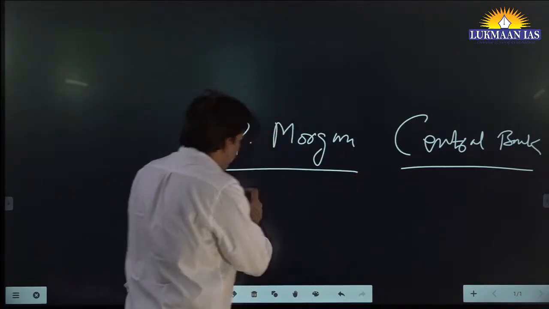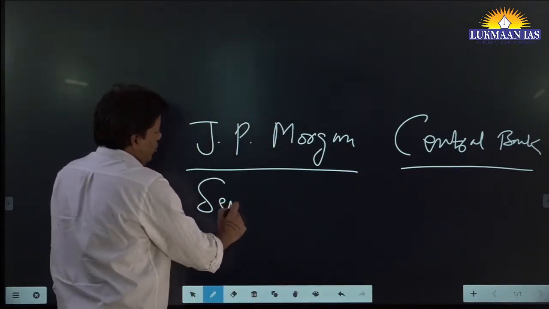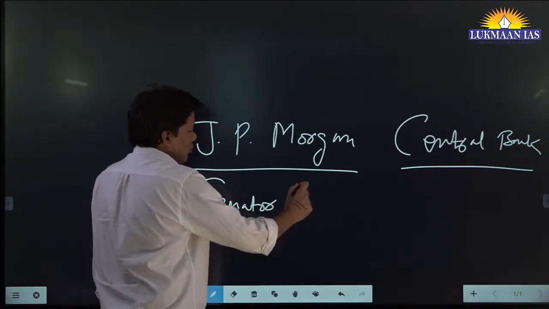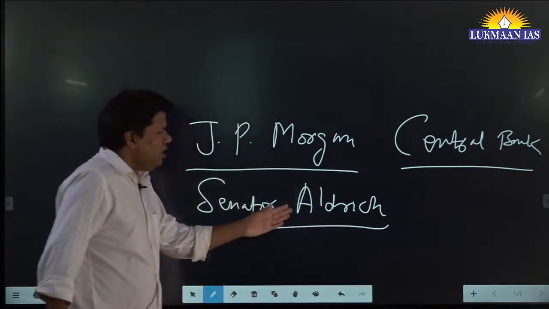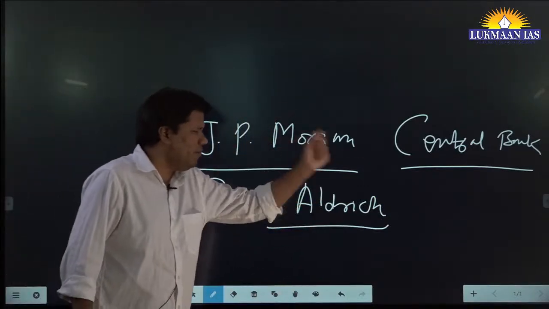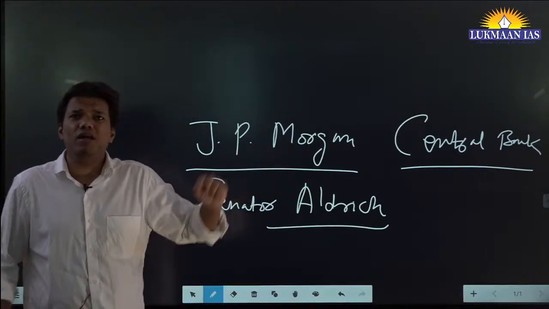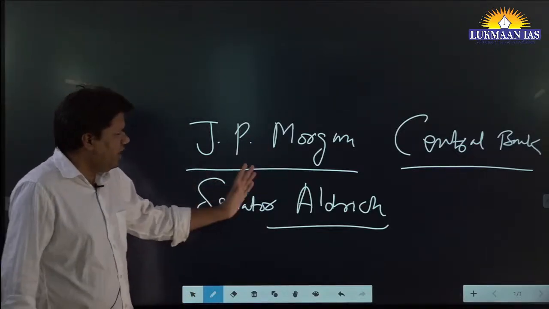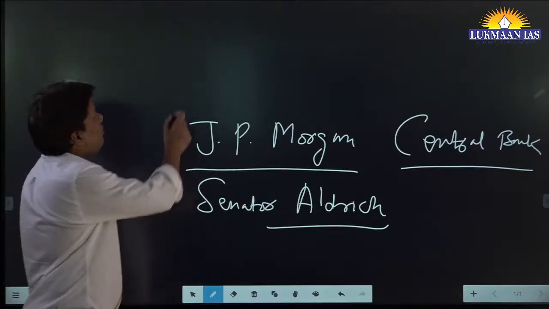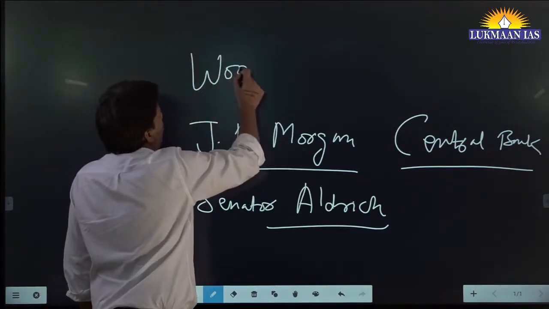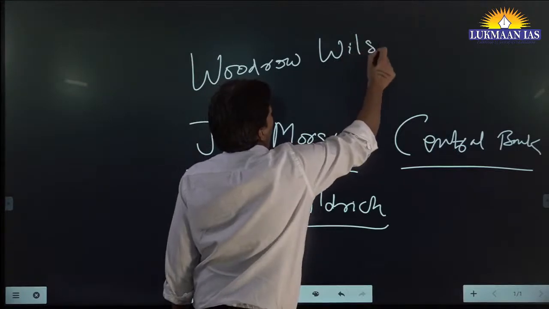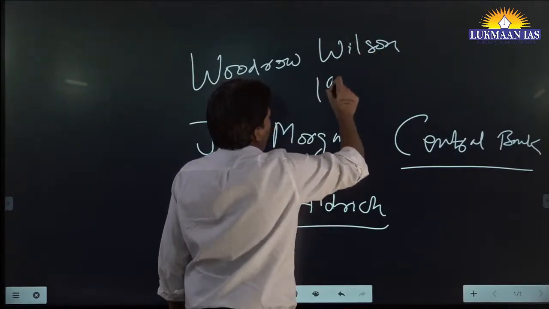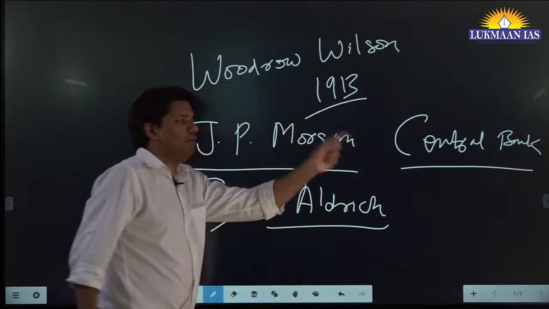Gradually after that, there was Senator Aldrich. He came with the Aldrich plan. And then the real establishment was done by Woodrow Wilson, who, during World War I, in 1913, established the central bank.